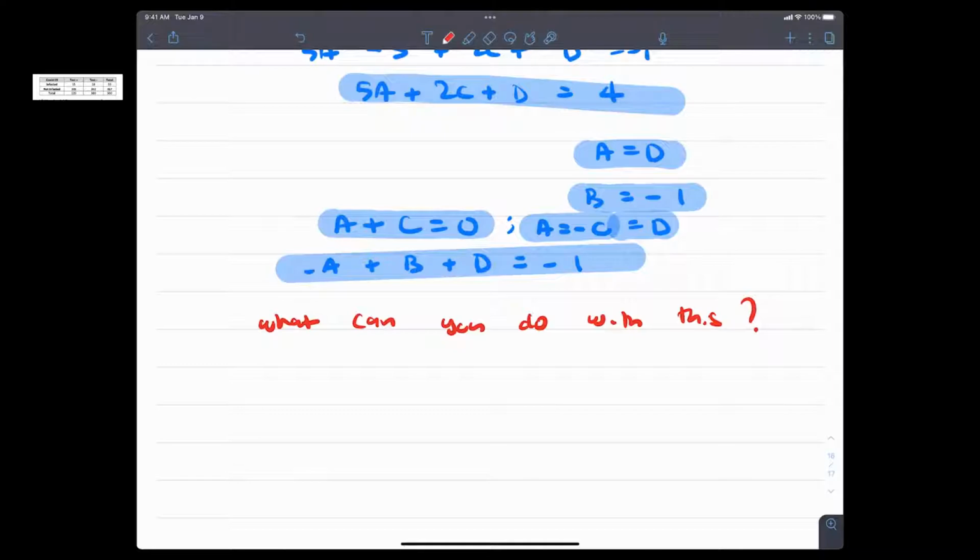So we have b is negative 1. I'm going to show a here is 1. C is negative 1. D is 1. You're going to find some of these values, right? So how do you use that?